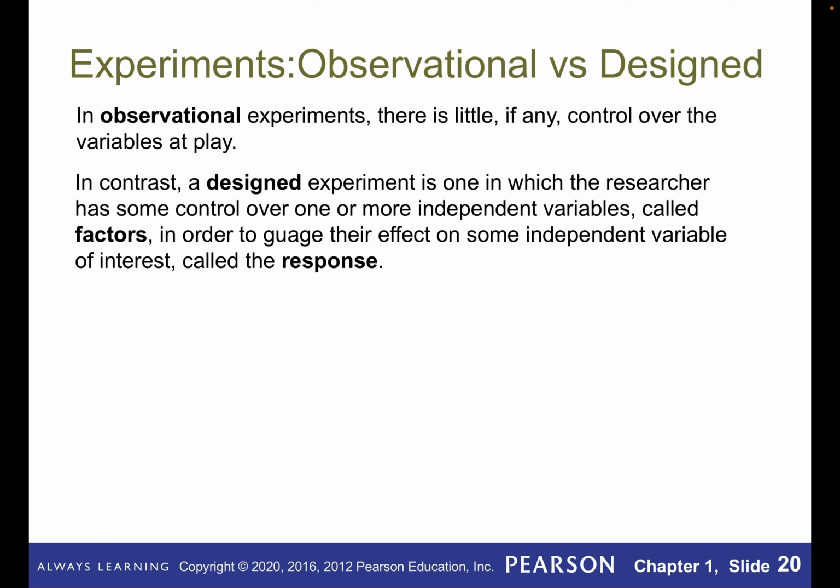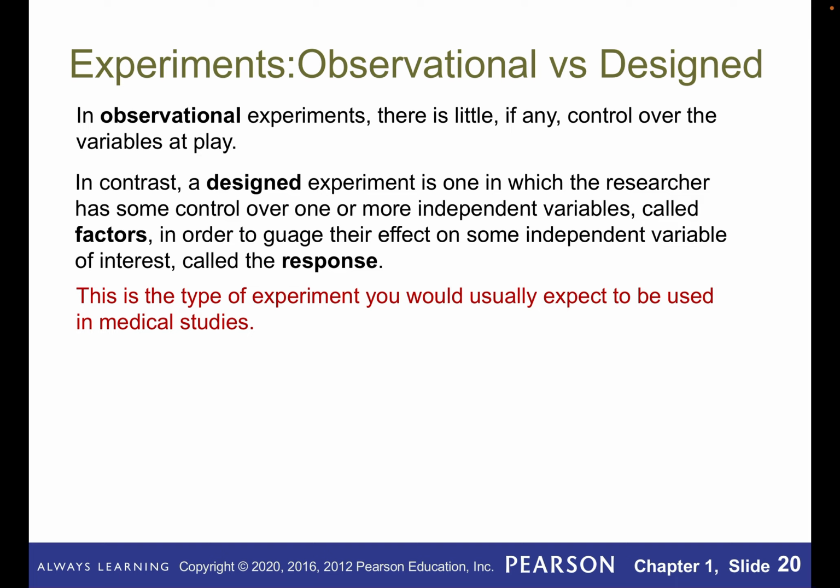but the researcher has access to or control over some of the independent variables at play, and the hope is to learn more about a dependent variable, which is called the response. You would typically think about these kinds of studies in the context of medical research.